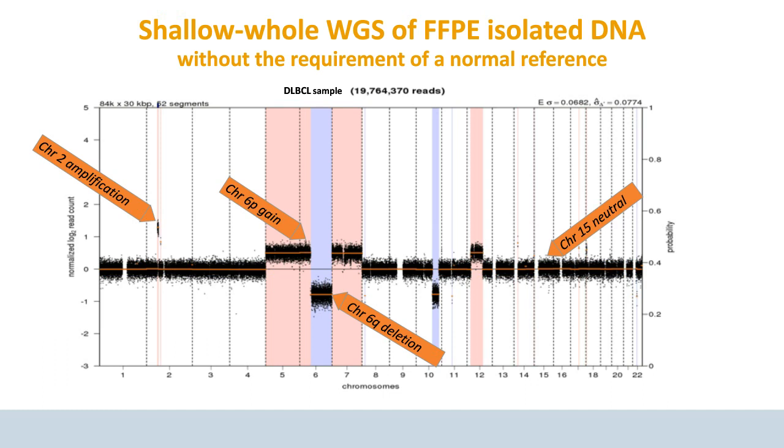So we have a very small region where we have many copies, and then on chromosomes 5 and 6 we have gains, 6p has gains, and on 6q we see losses, and then from chromosome 13 on, everything is quite normal. So genome-wide, we have a very high resolution of gains and losses from this FFPE material, and again, we've done thousands of those samples.